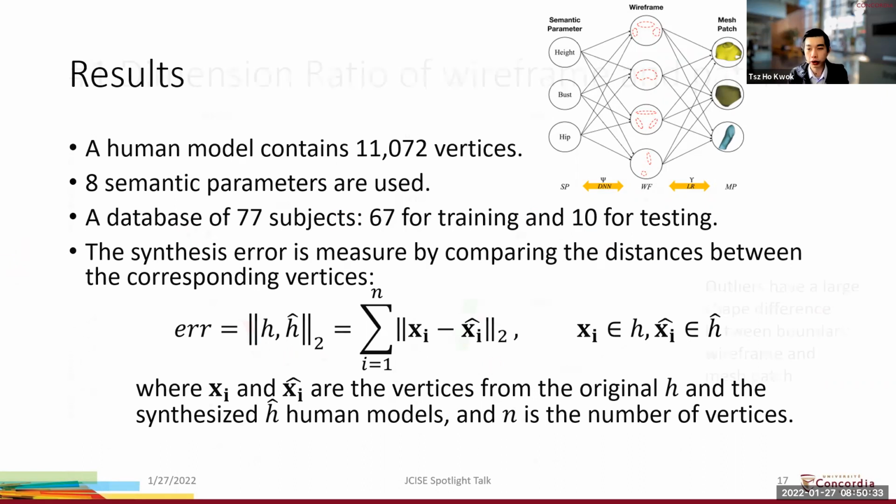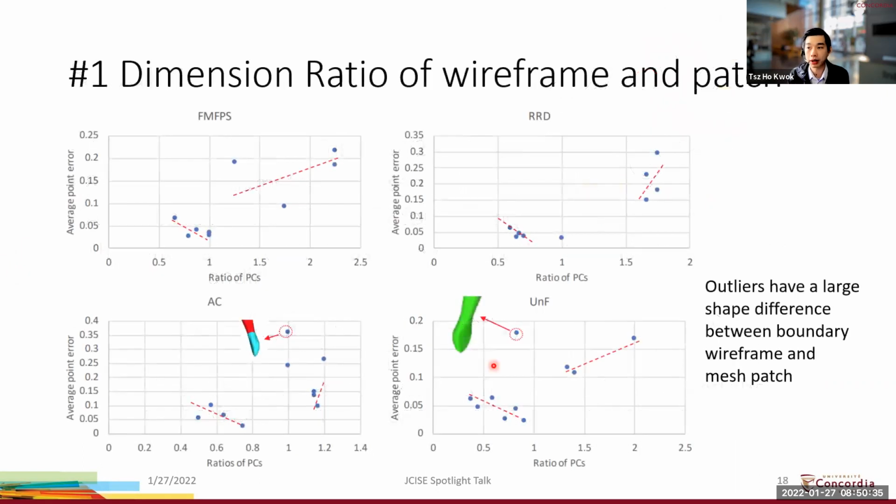So the first criterion is the dimension ratio. As we mentioned, it's better to be closer to 1. From this result, each point over here is actually one mesh patch. Because the mesh patches have different numbers of vertices, we use the average point error.